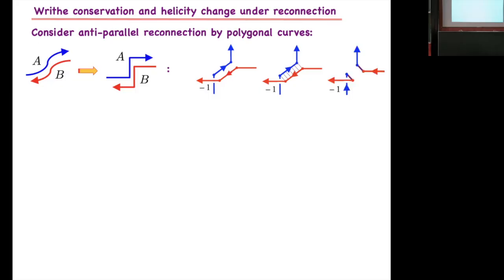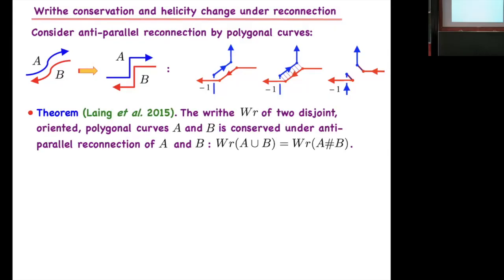If they cancel each other, you can show in mathematics, but also visually, that the writhe stays the same, is conserved. So you go back to mathematics and you want to prove this rigorously. We did it in a piecewise linear context. Okay, so the theorem goes like this.